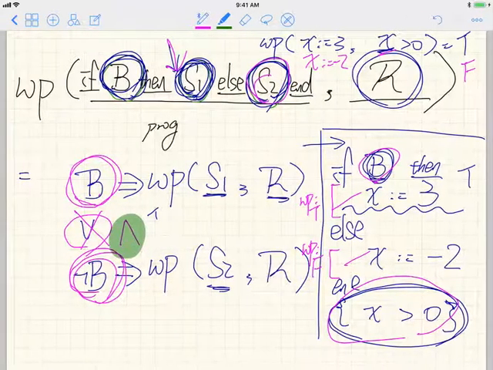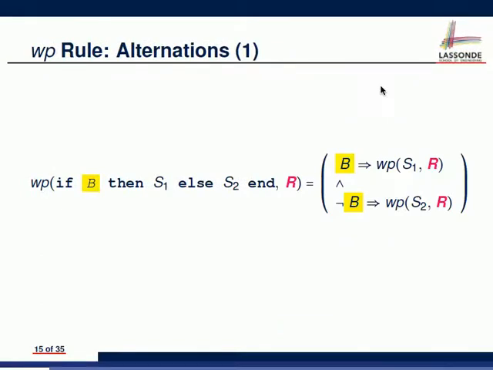Now, if you go back to see the rule, this is the second rule we are learning. Let's read it again. On the left-hand side of the equality, we are trying to calculate the WP. The program we are considering is an alternation. It either goes to S1 when B is true, or goes to S2 when B is false. So now we have two possible branches.